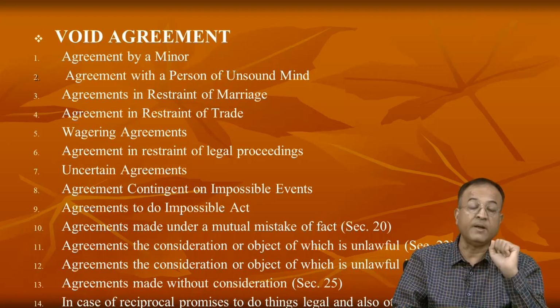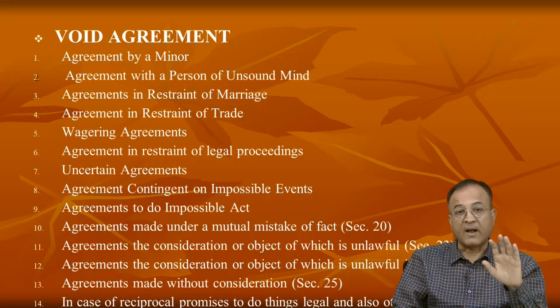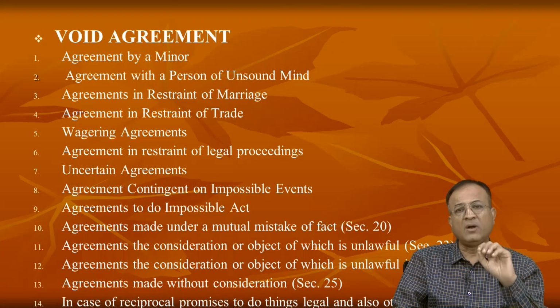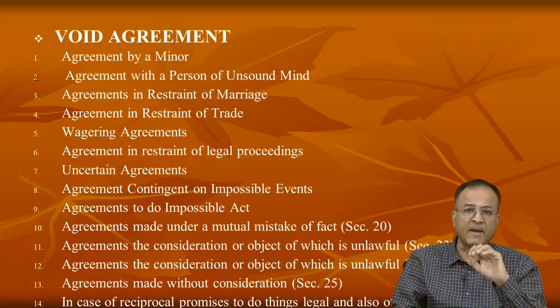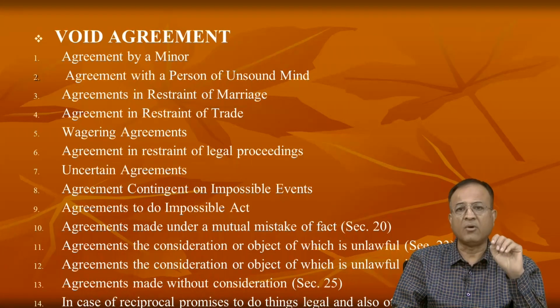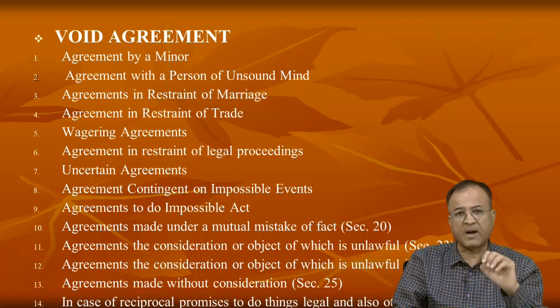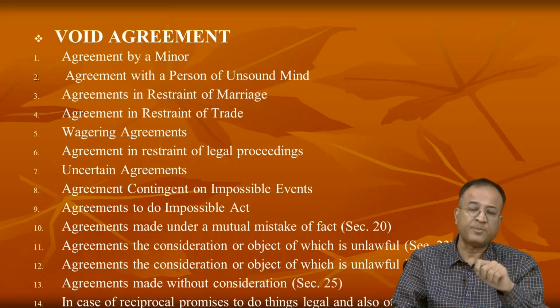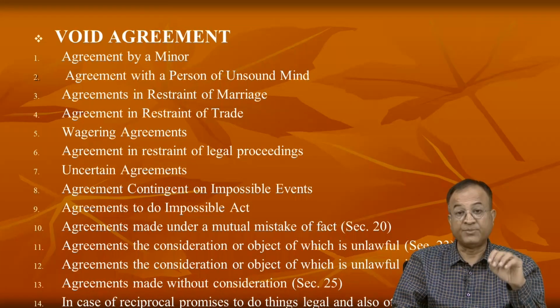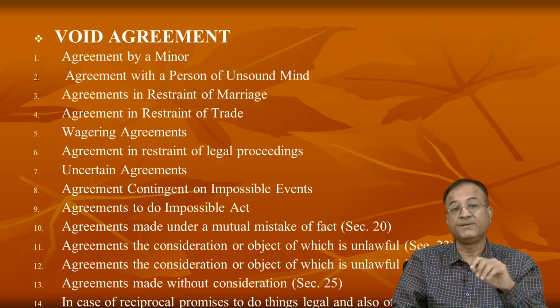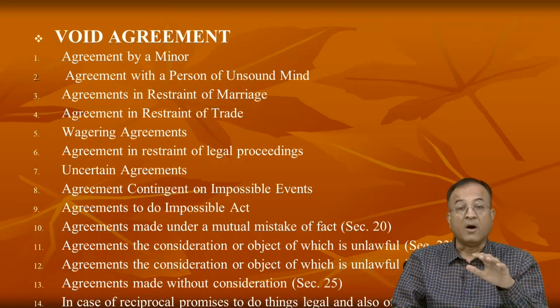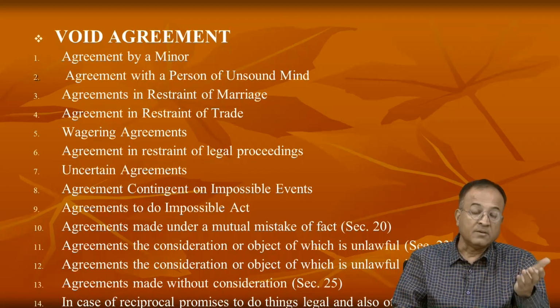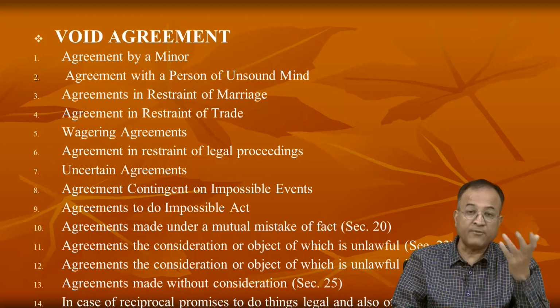Section 23. A contract should not only be based on the free consent of the competent parties, but should also have a legal purpose. If the object of an agreement is the performance of an unlawful act, the agreement is not enforceable.